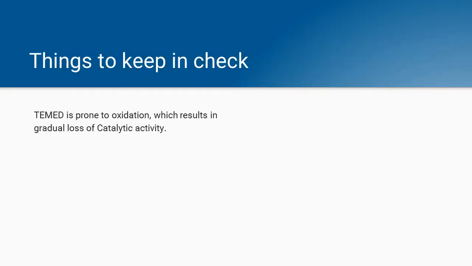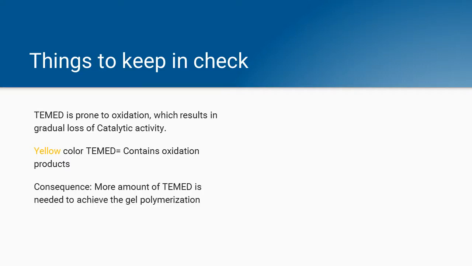Things to keep in check: TEMED is prone to oxidation, and this results in gradual loss of catalytic activity, and because of this you have to use more TEMED for the same level of polymerization to happen.